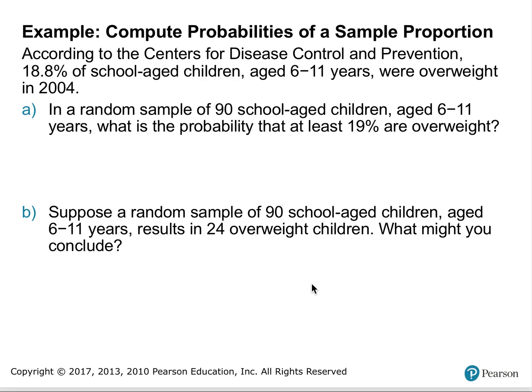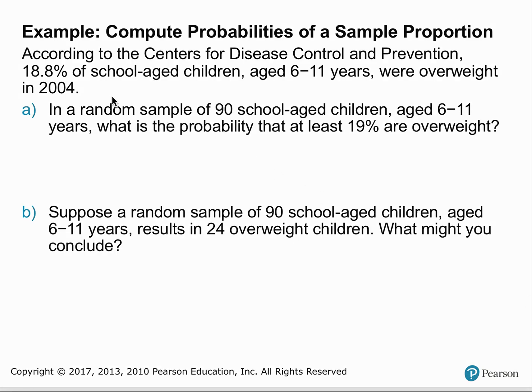Now that we can describe the sampling distribution of the sample proportion, we can compute probabilities involving it, right? According to the Centers for Disease Control and Prevention, 18.8% of school-age children, ages 6 to 11, were overweight.